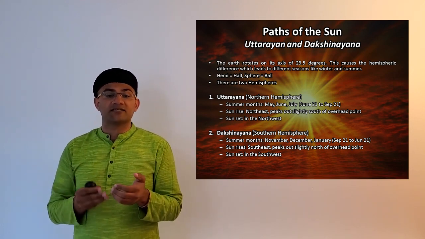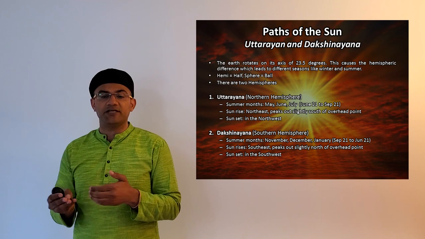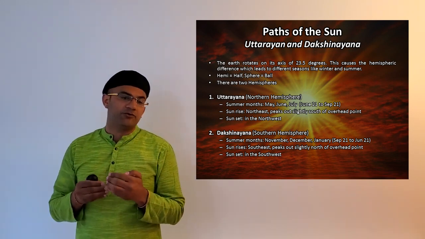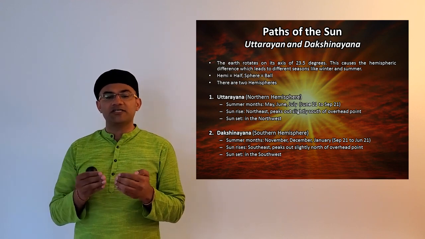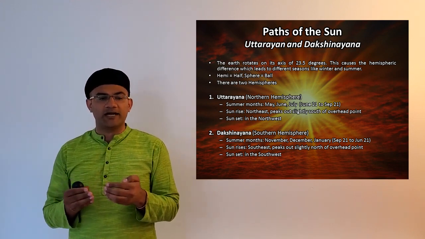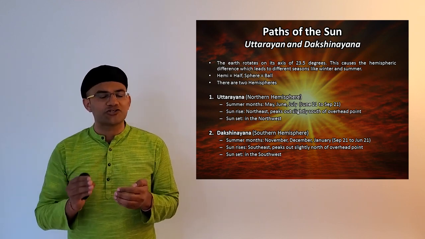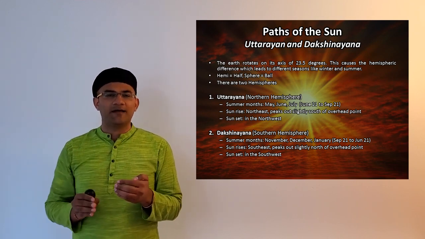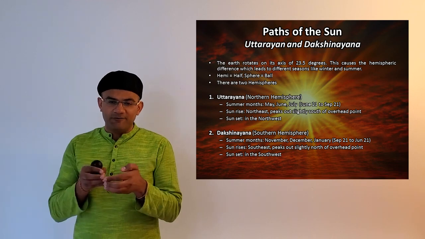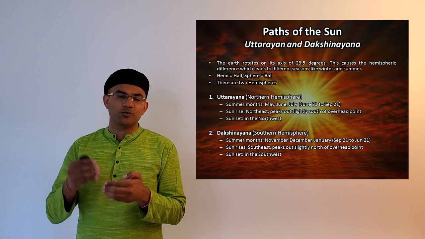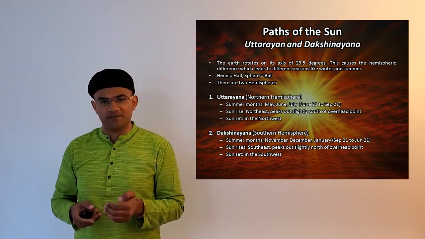And Dakshinayana has winter months November, December, January, and usually from September 21st to January 21. And the sun rises southeast, peaks slightly north of the overhead point, sunset in the southwest. Like Australia and South Africa, their winter is totally opposite to the people who are living in Ireland and India, because we're in the northern hemisphere, they're in the southern hemisphere.